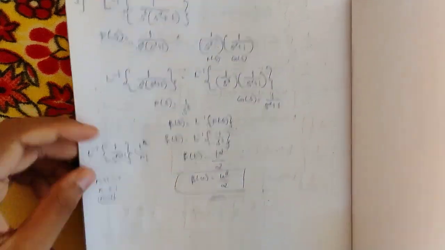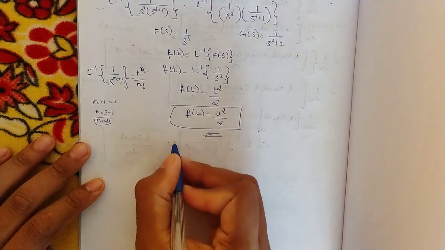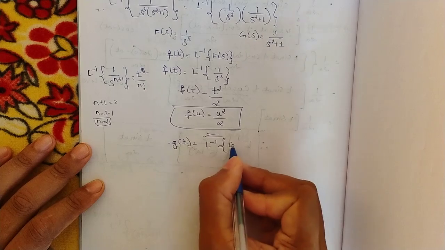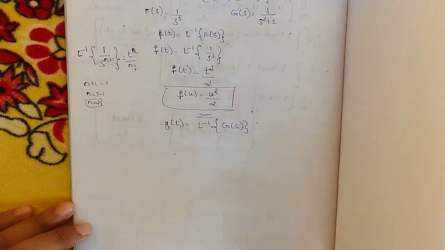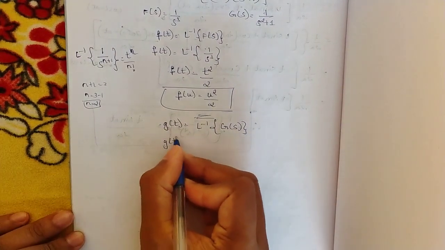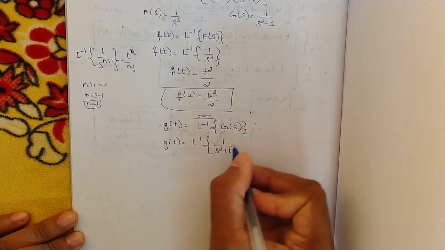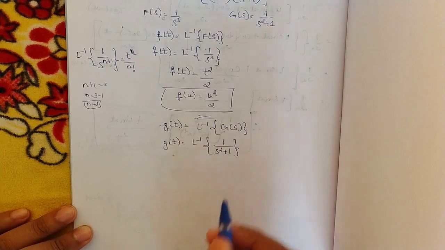Similarly, find the value of G of t. G of t is given by L inverse of G of s, that is L inverse of 1 divided by s square plus 1.